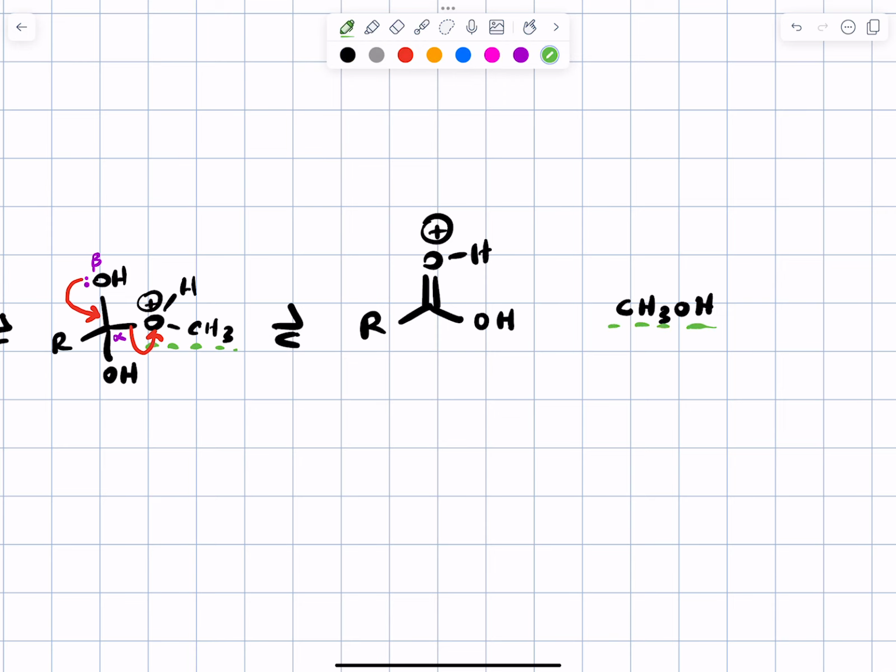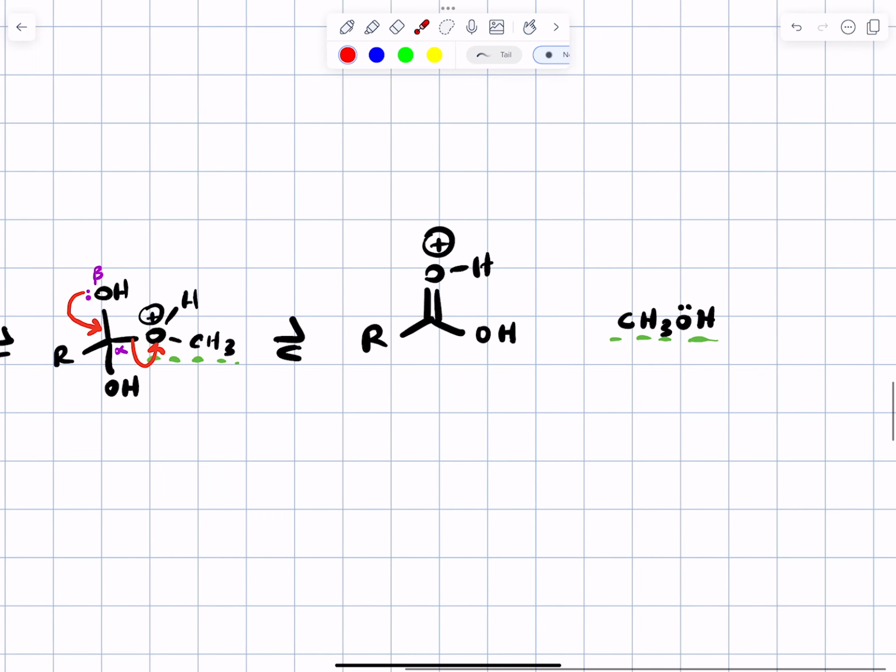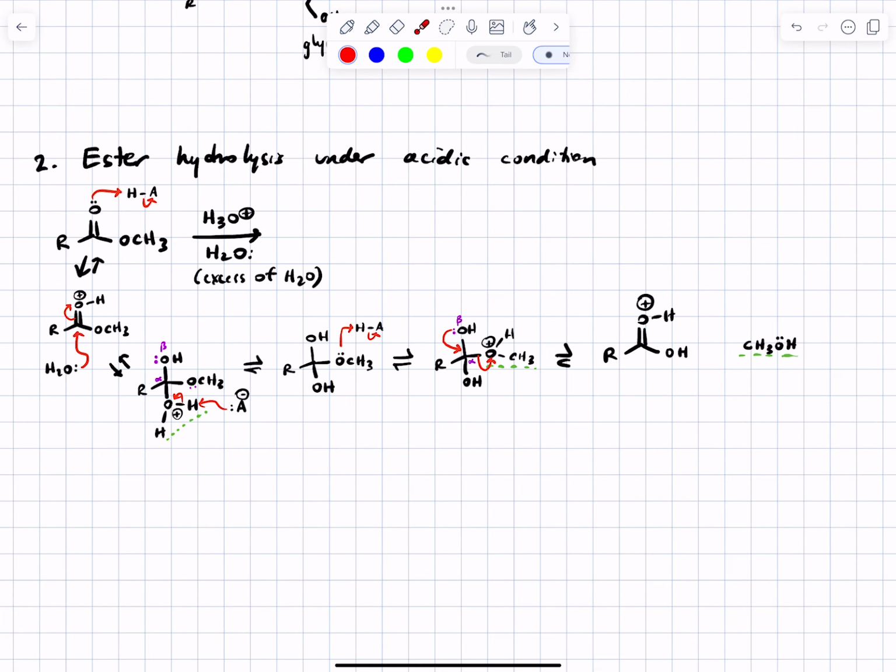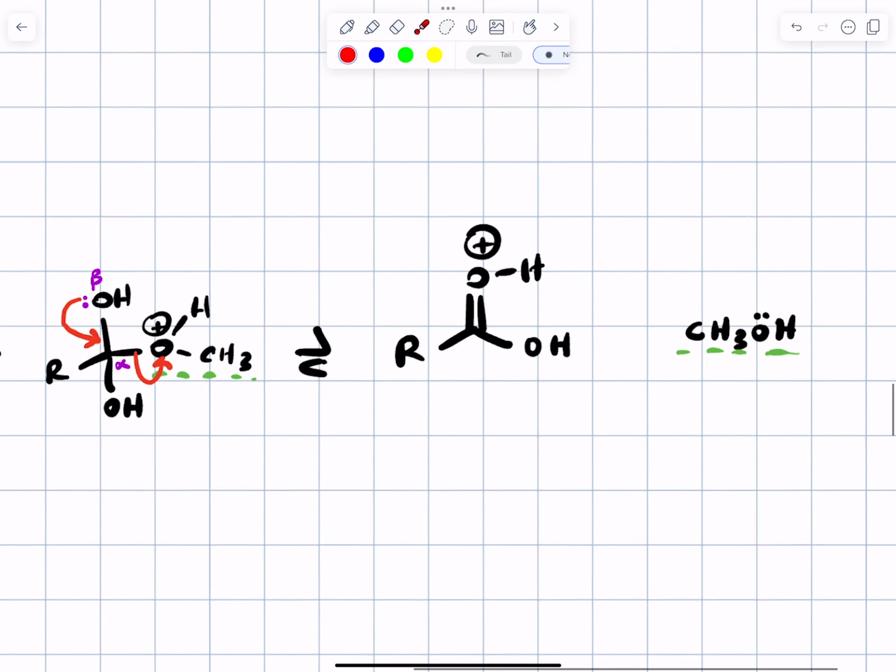It would be totally reasonable at this stage for methanol to come right back in and attack the carbonyl carbon to take us to this intermediate. Again, that reverse rate is going to be suppressed by the fact that we've got an excess of water that's pushing us forward.